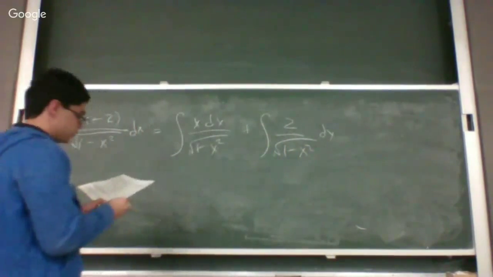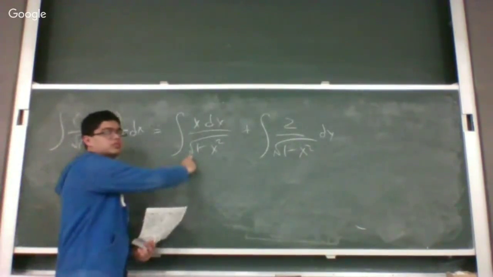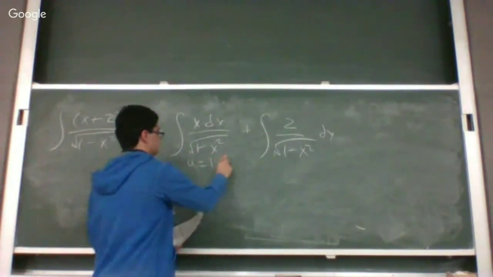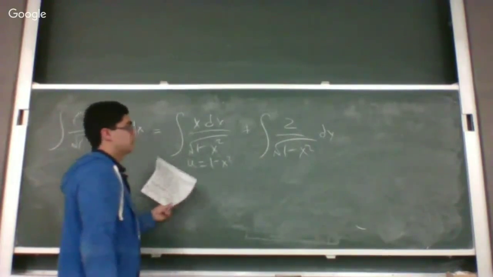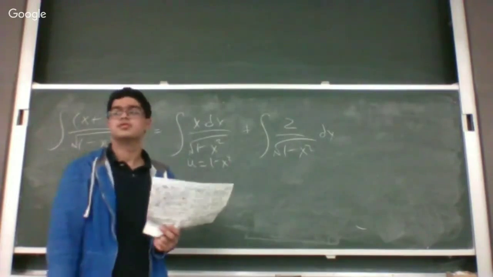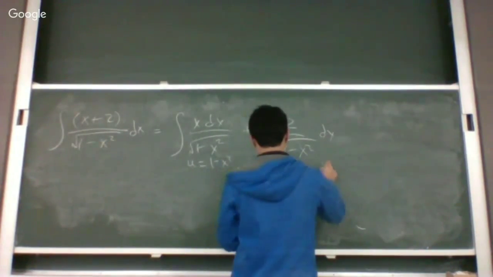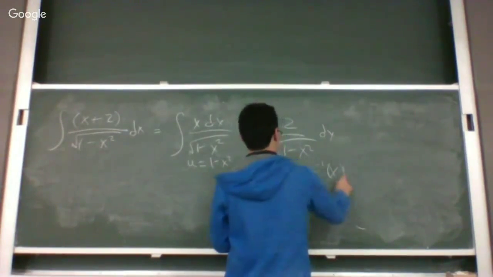And then you guys know how to solve that. What do you do here? U equals that. What do you do here? Inverse sine. So this is 2 sine inverse of x.